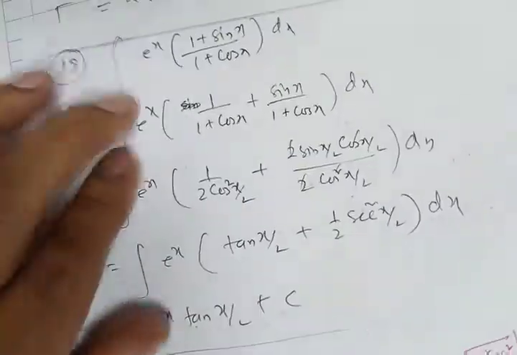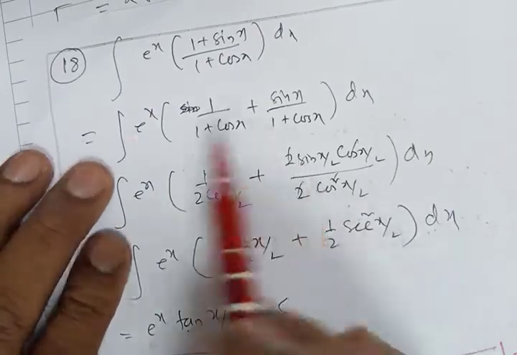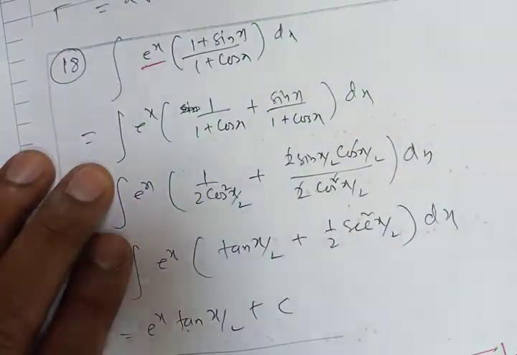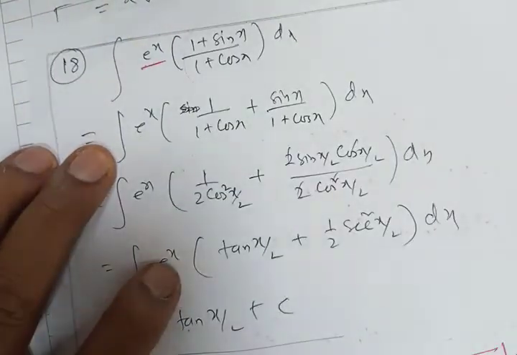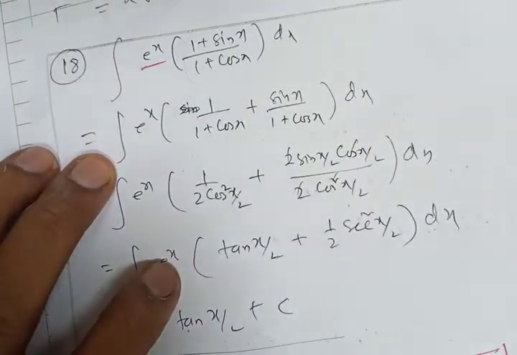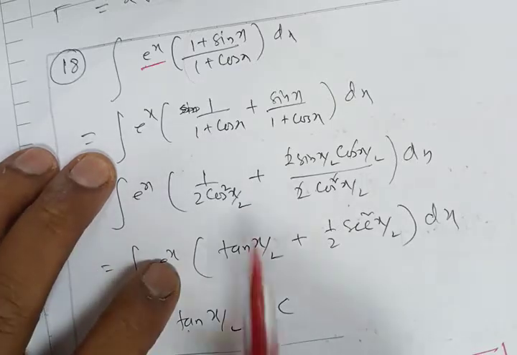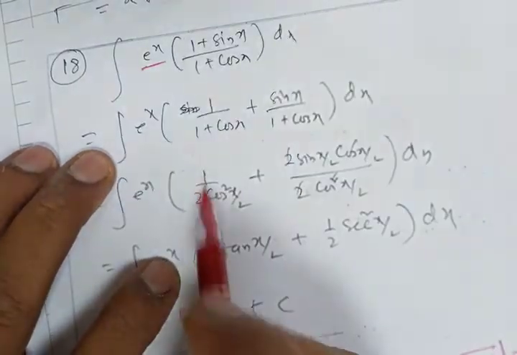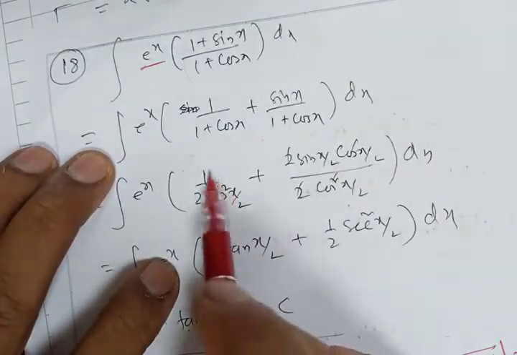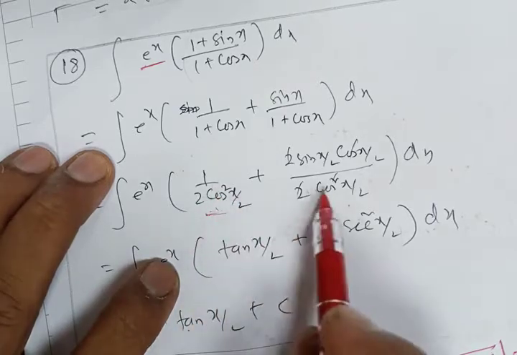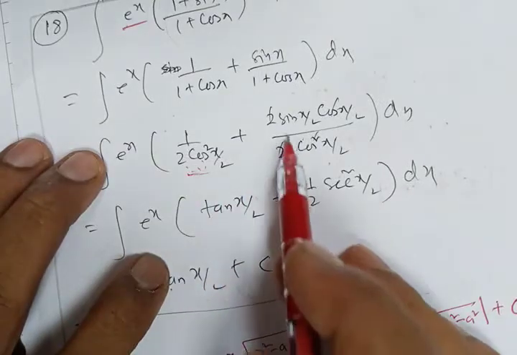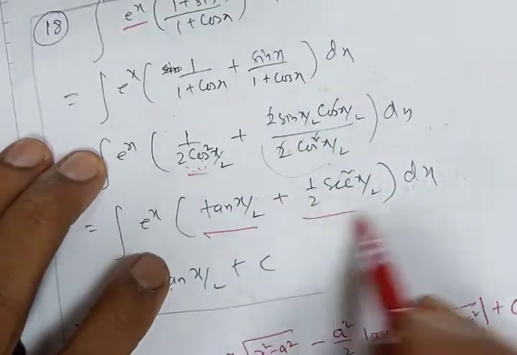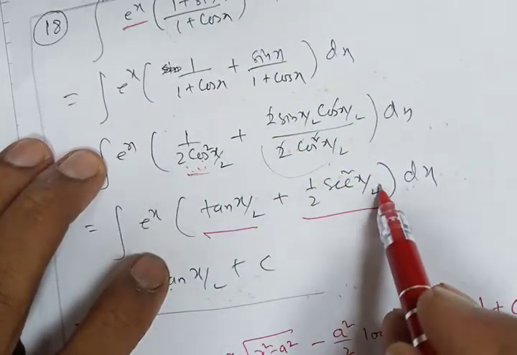Then see one more question. Once again, with e to the power x, we have to understand that we have to change this into the form of f(x) and f'(x). So I divide separately. Then we use the x by 2 formula. Two functions, you have to make single functions. So finally this became tan x by 2, and this will be half sec square x by 2.